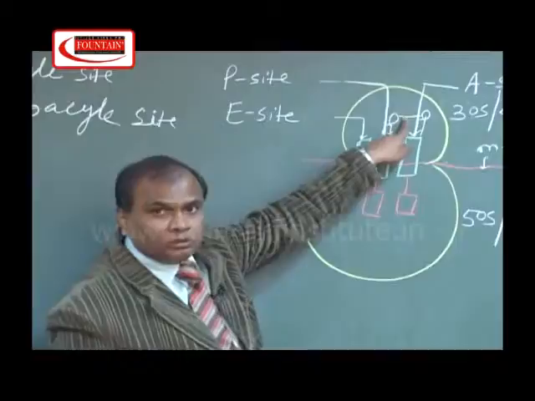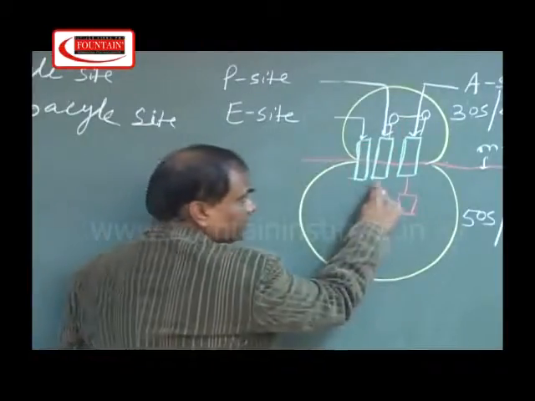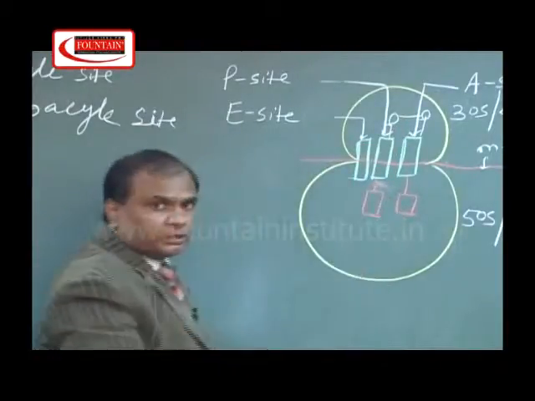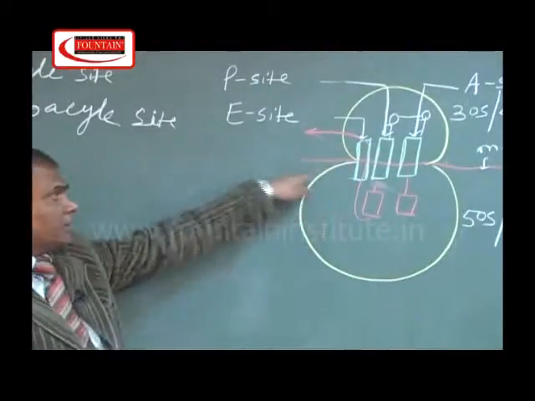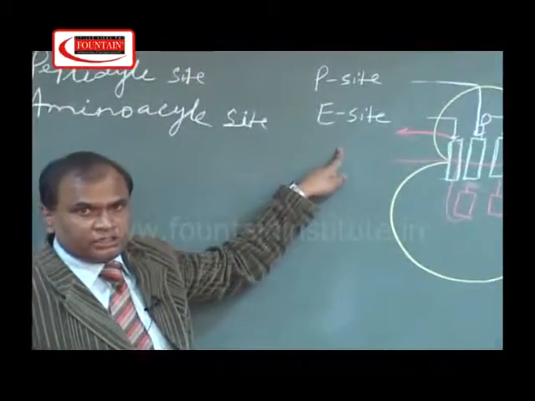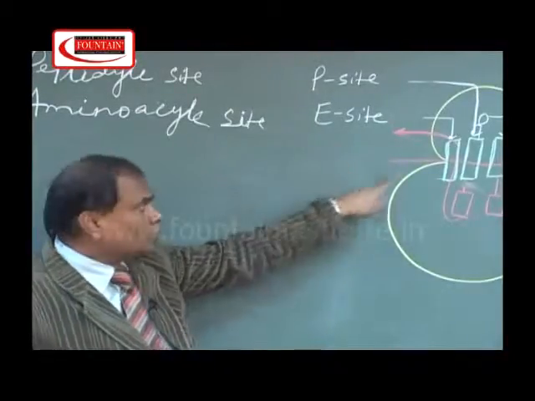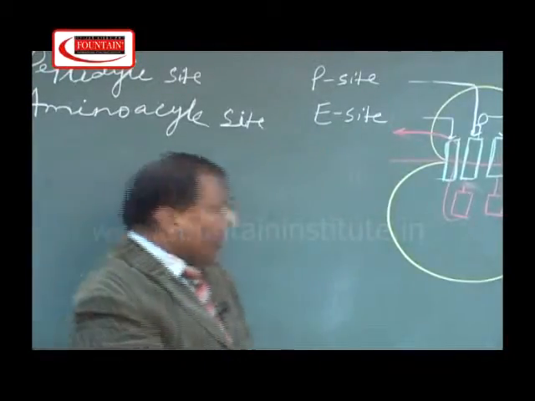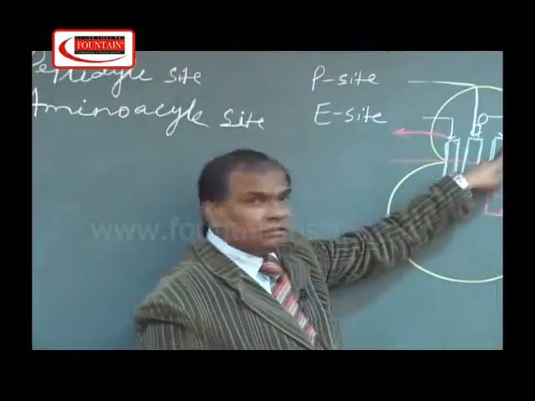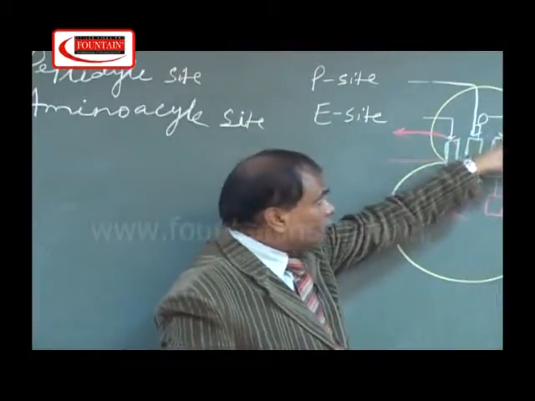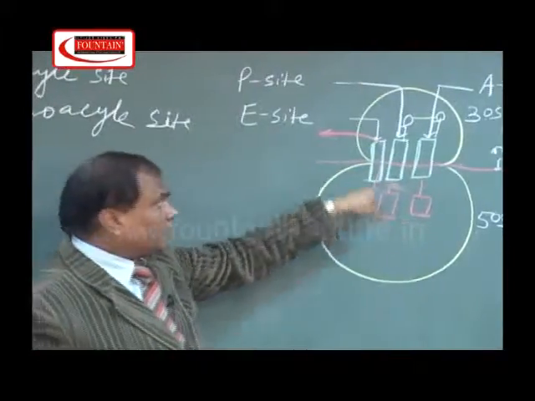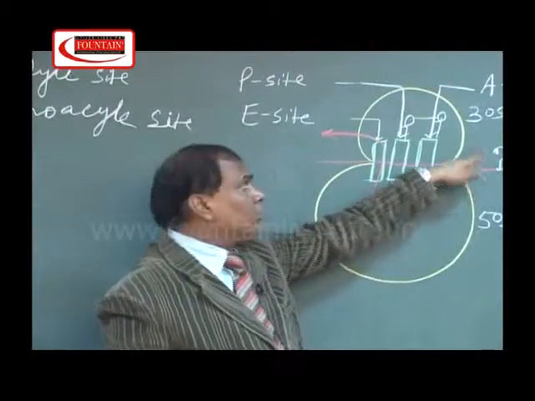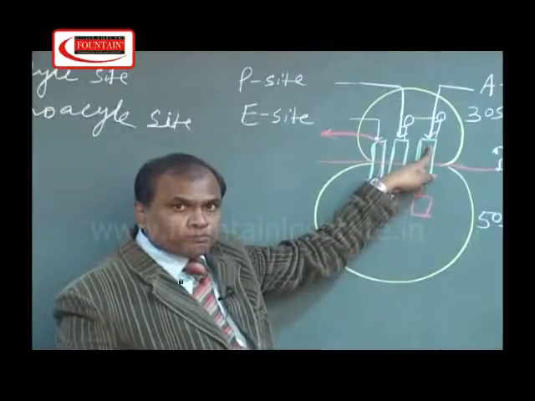When this peptide bond forms, this aminoacyl bond will break and this tRNA comes outside through the exit, that is the E site. After that, the entire substance from the A site is translocated to the P site, and a new charged tRNA will occupy the A site.